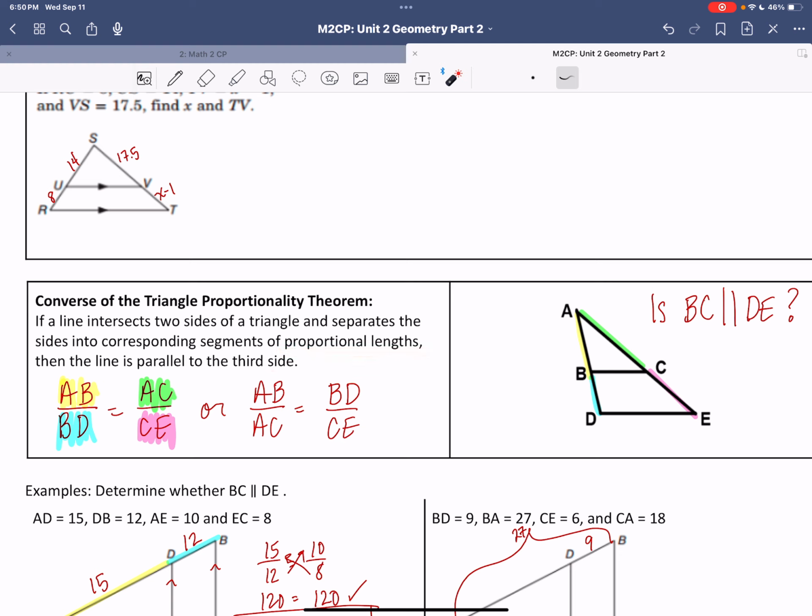And if it does, then we know that yes, it's parallel. So I have AB over BD equals AC over CE, or you can do it the other way, AB to AC and BD to CE. Either works. Just make sure that if it works, it's parallel.